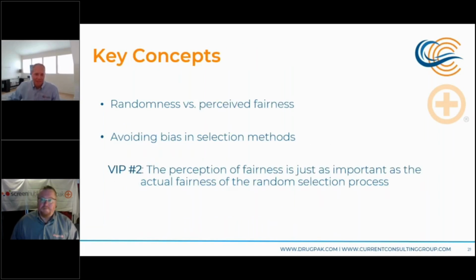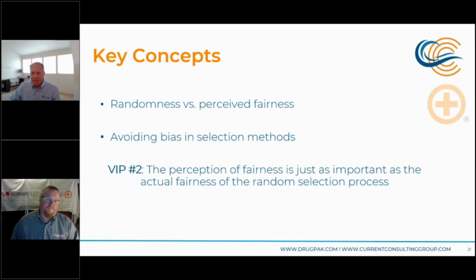All right. Thanks, David. The key concepts here, we're going to reverse this. We got the next very important point there at the bottom, and it reads, the perception of fairness is just as important as the actual fairness of the random selection process. And so understanding it is the key to this.